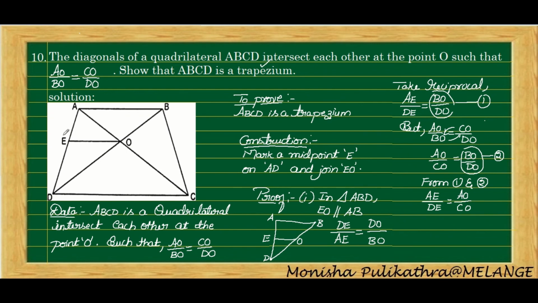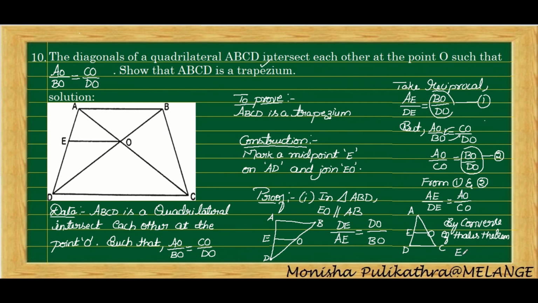For this triangle ADC and EO, AE by DE is equal to AO by CO. If this is the case, by converse of Thales theorem, if the sides of the triangle are divided in an equal ratio, then the middle line will be parallel to the third line.